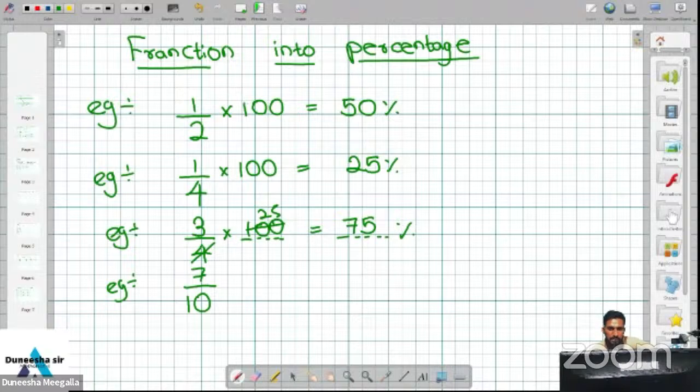Yes, 70%. Multiply by 100. Then 7 multiplied by 10 is 70.